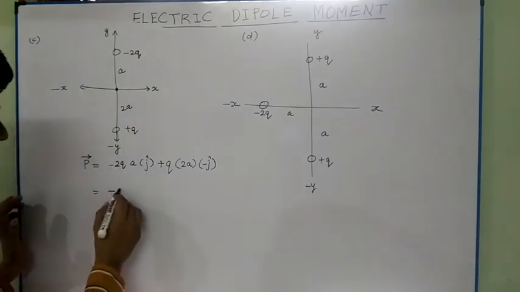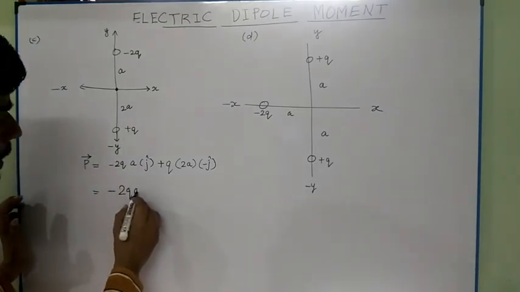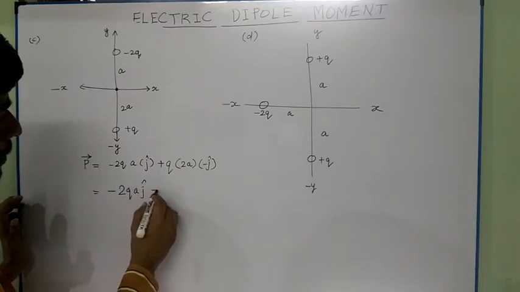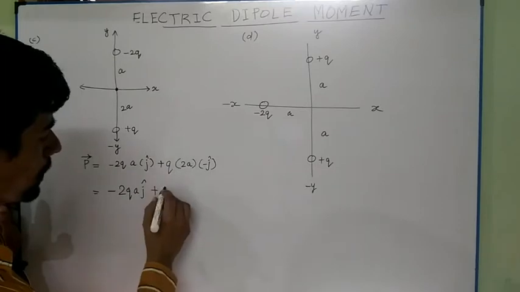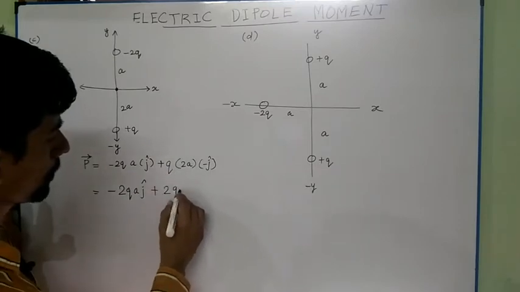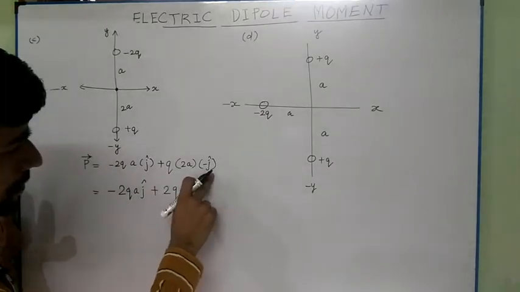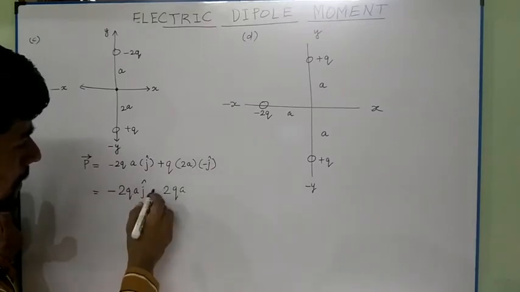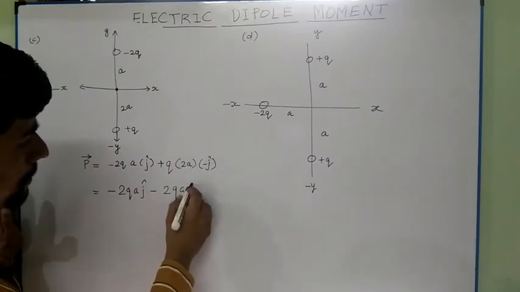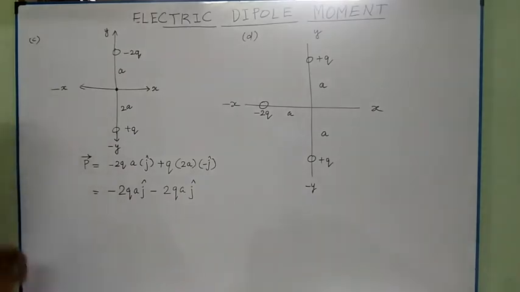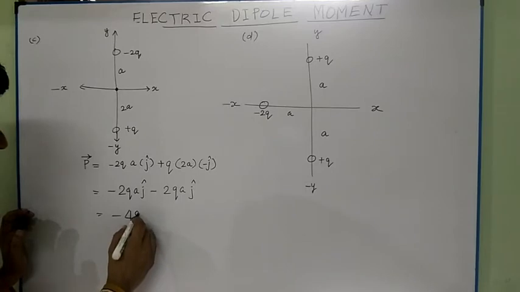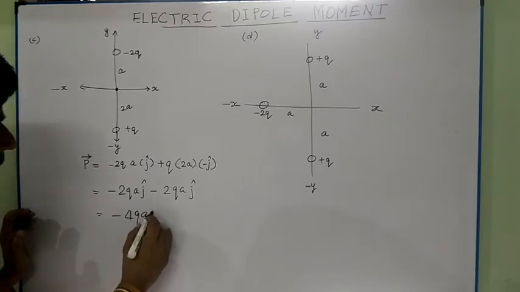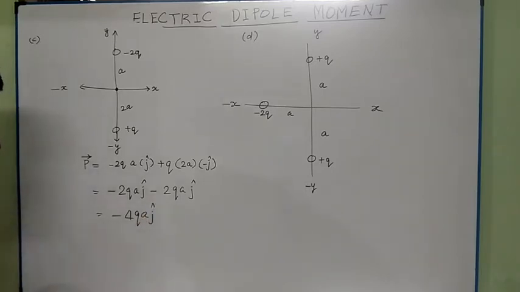We get minus 2qa j cap plus here also 2qa. Since it is minus j cap, we get minus j cap. So we get minus 4qa j cap.